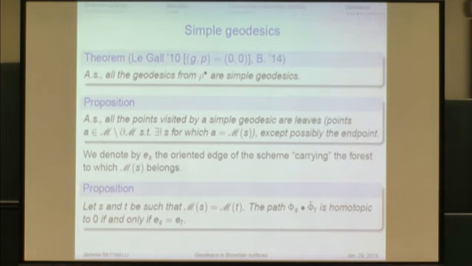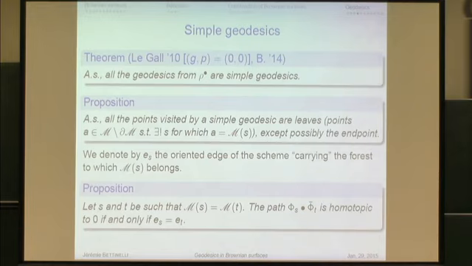And the proposition is actually the following. There is a pretty easy criterion telling you whether this happens or not. When you do your contour of your CRT structure, at each stage you are inside some forest, and so if it's time s, you will denote by E_s the oriented edge of the structure containing this forest.